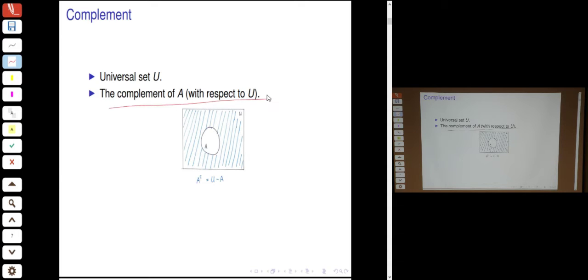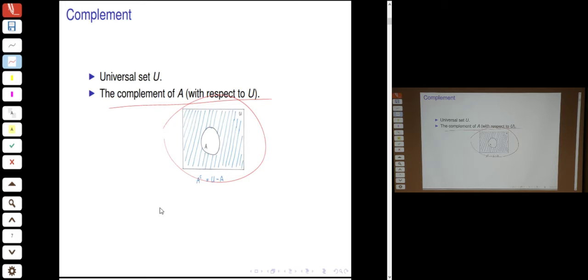The complement of A is just the elements which are not contained in A, but are contained in the universal set. So the complement of A are the elements in the universe of things which we are studying, which are members of the universal set, but which are not in the set A. For example, if you are studying integers, then your universal set is the set of all integers, and it consists of odd and even numbers.